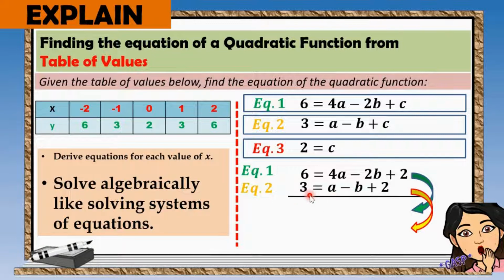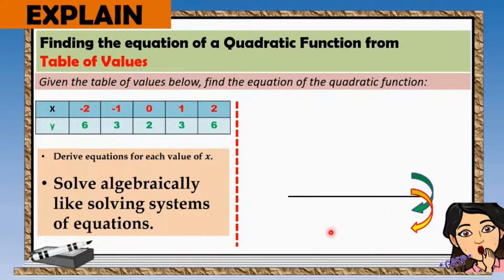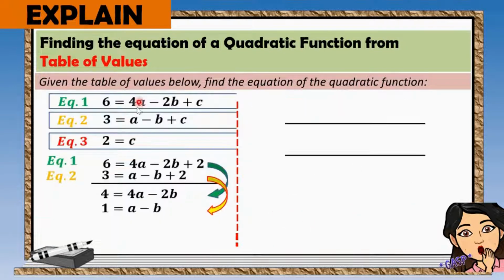So, for equation 2, we have 3 equals a minus b plus 2. So, pwede na natin itong isimplify. Equation 1 becomes 4 equals 4a minus 2b. Then, equation 2 is 1 equals a minus b. Andito yung equation natin sa left side para guided pa rin kayo.